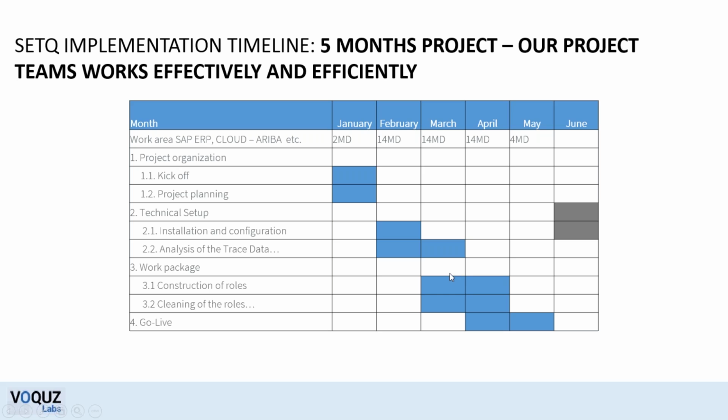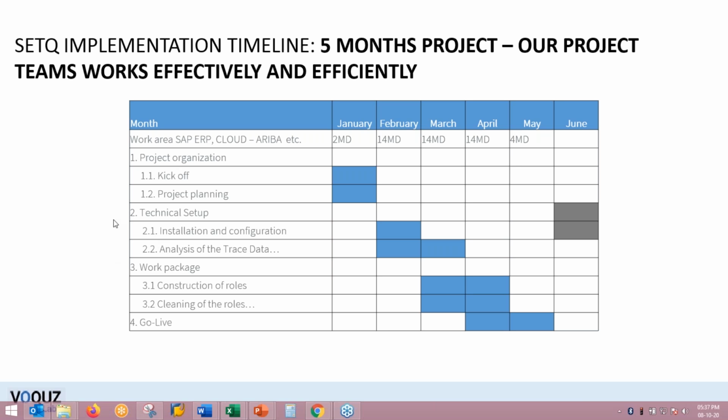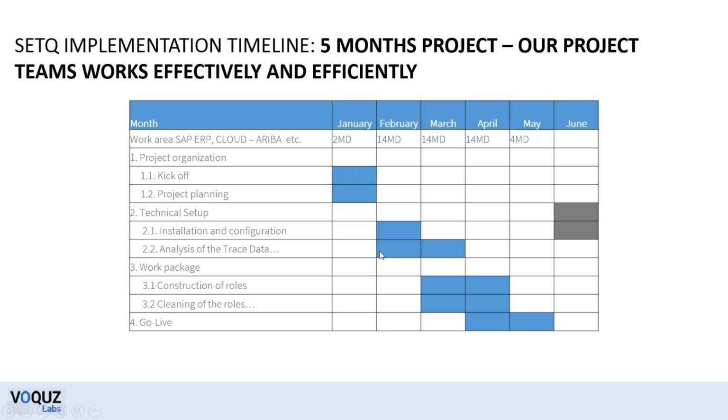You can see that we'd start with the normal project organization and kickoff, do some project planning, set up the relevant technical elements, and then go through installation and configuration steps, analyze the trace data to make sure that the authorization concept is ready, make sure you have all the work packages in place, construction of the roles, cleaning of the roles, and testing and go live take place in those last two phases as well.